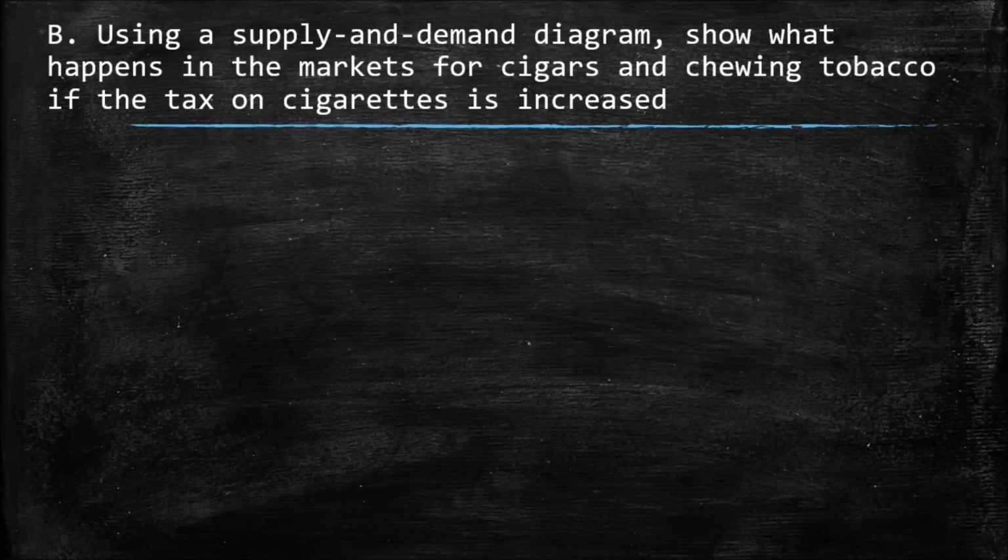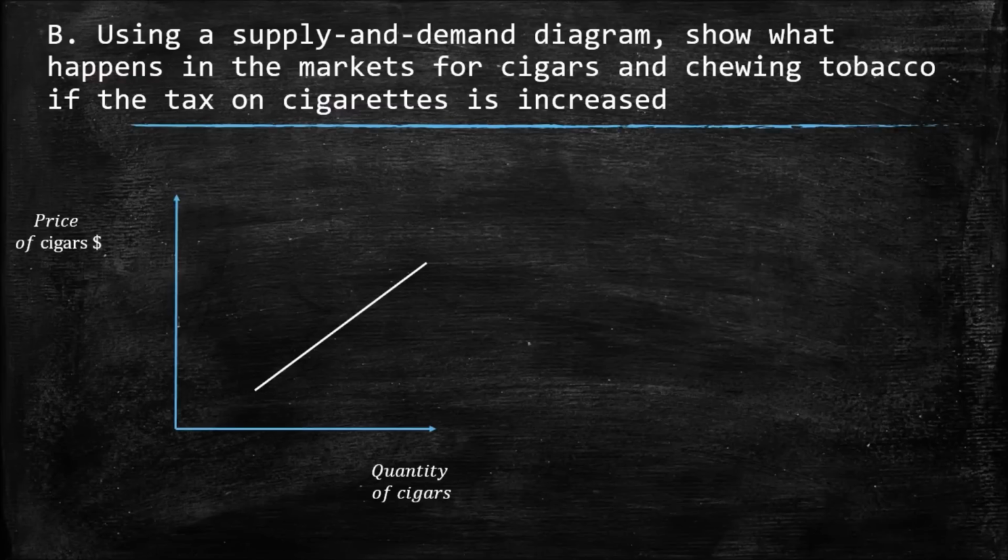Okay. So B, using a supply and demand diagram, show what happens in the markets for cigars and chewing tobacco if the tax on cigarettes is increased. Now here we are in the cigars market. Here we have the quantities and the price. This is the demand and the supply.